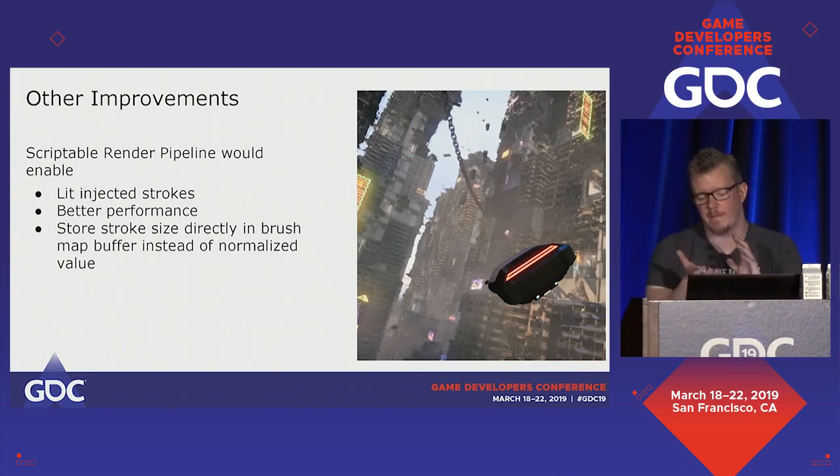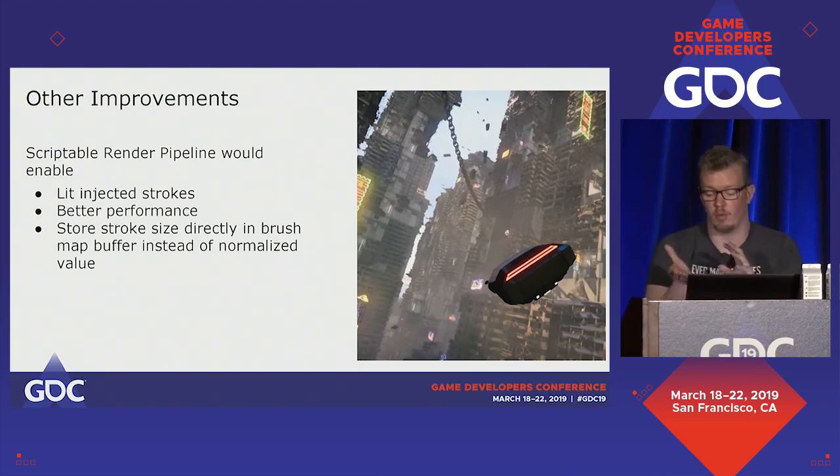Something that we saw at the end of the project is that because the brush sizes are in a single 8-bit channel, that means that it's a normalized value. And if we needed to go in and make some big strokes, for example, in one scene, we would have to do that on the global level, which meant that all the materials had to be tweaked because it was all coupled together.